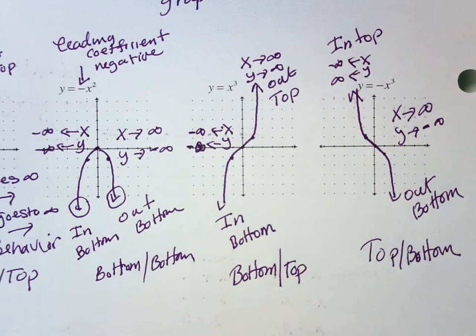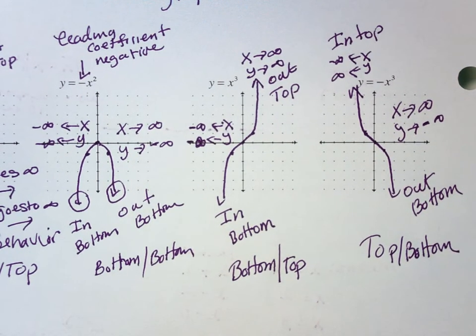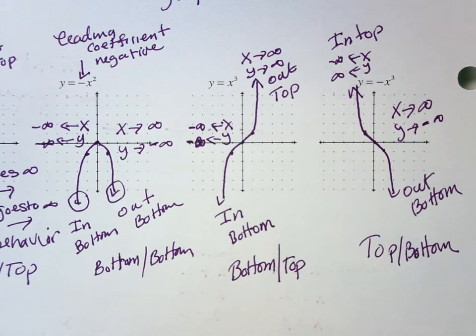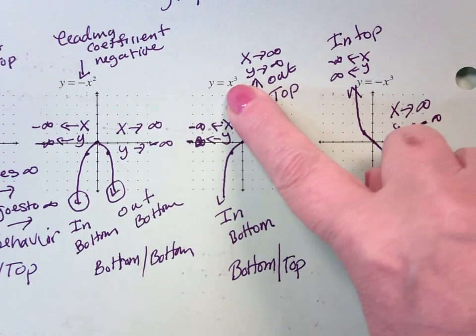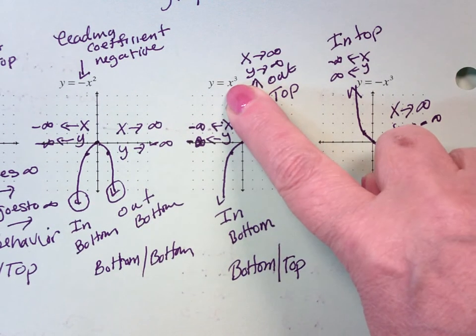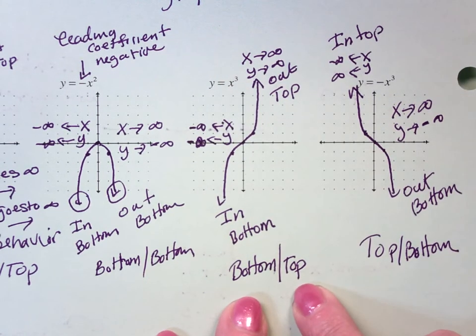Now, you might think this is going to be hard to remember, but it really isn't, because even degree polynomials go the same direction if you think x cubed. So top, top, or bottom, bottom, positive versus negative. Now, odd degree polynomials, you say, wait a minute, how do I remember bottom, top, top, bottom? If the coefficient of x cubed is positive, it starts from the bottom, goes to the top.